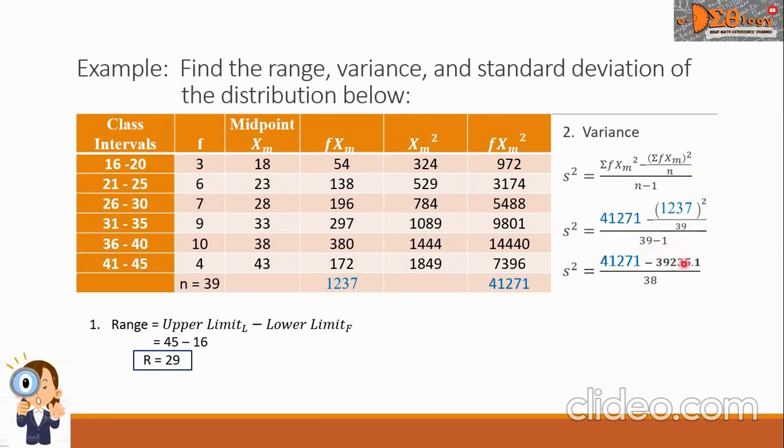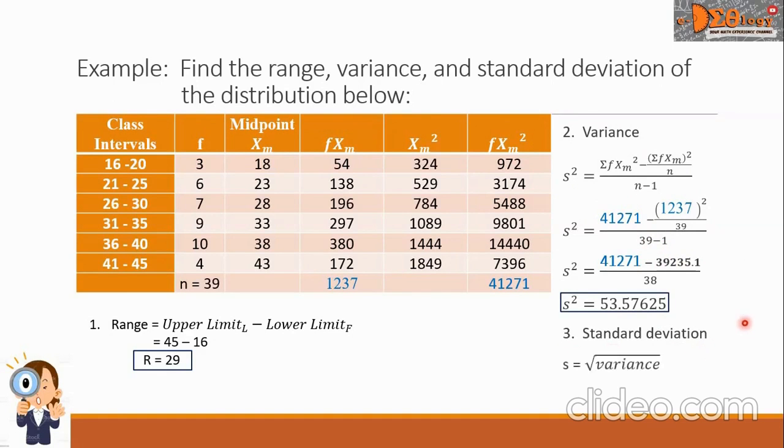So what we'll do next is to get the difference of the numerator and divide the answer by 38. So the value of s squared equals 53.57625. This is the variance. Next is the standard deviation.